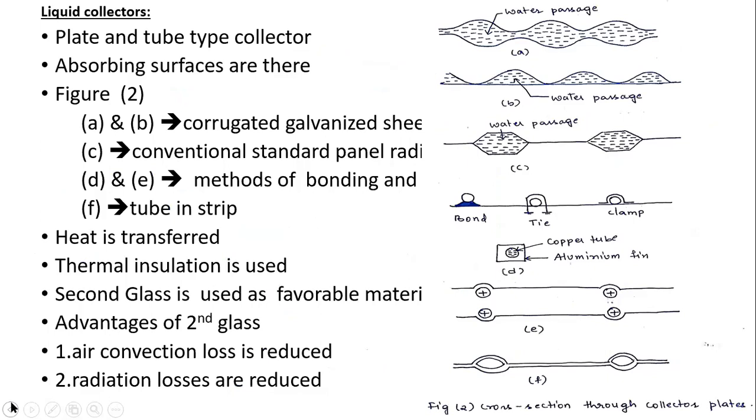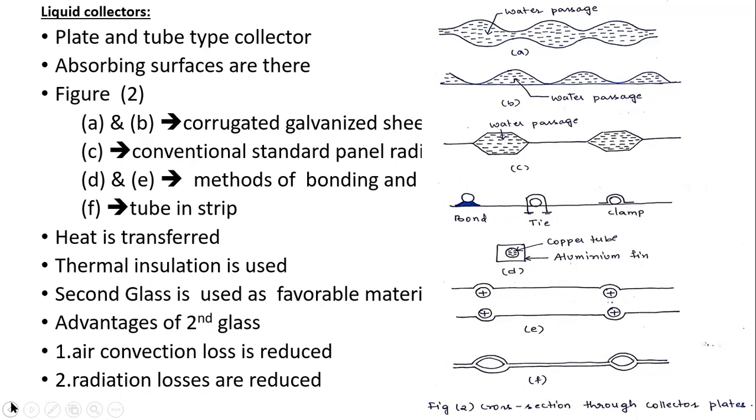For the absorber plate, in figures A and B, a corrugated galvanized sheet is used. Corrugated means uneven. Uneven galvanized sheet is widely used throughout the world, as shown in figures A and B here.